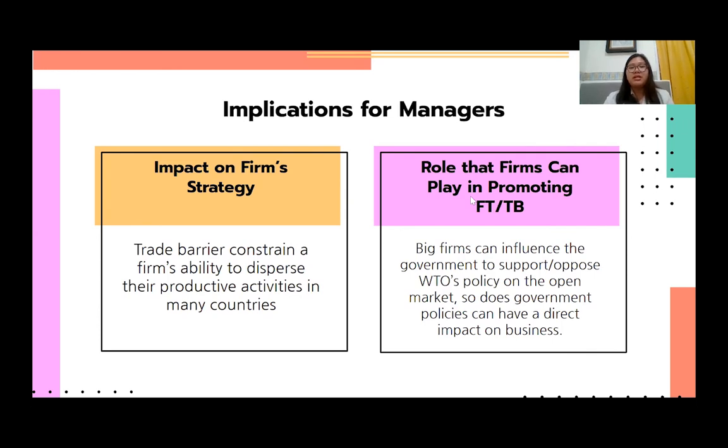The second concern is that managers need to figure out the role that firms can play in promoting free trade or trade barriers. Many big firms can influence the government's decision to support or oppose WTO policies on the open market. Thus, government policies can have a direct impact on many businesses.